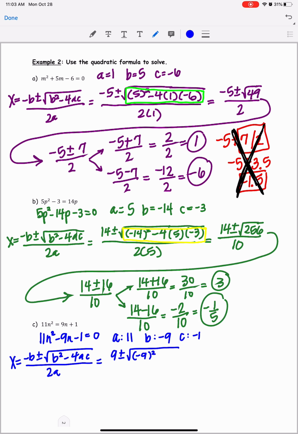Let me repeat myself. You have to have parentheses. So that comes out a positive 81 right there, and not a negative 81. Minus 4 times A times C all over 2A.